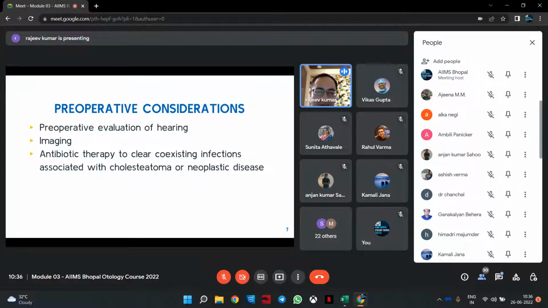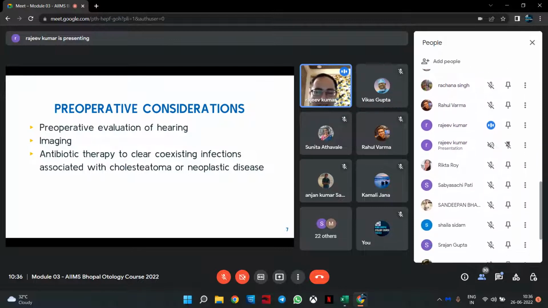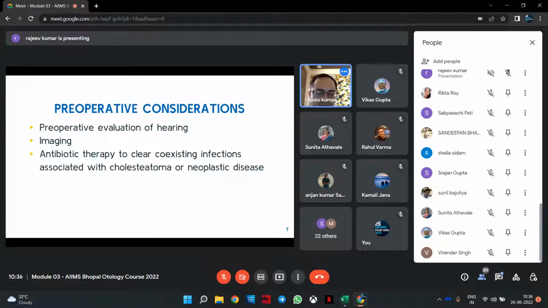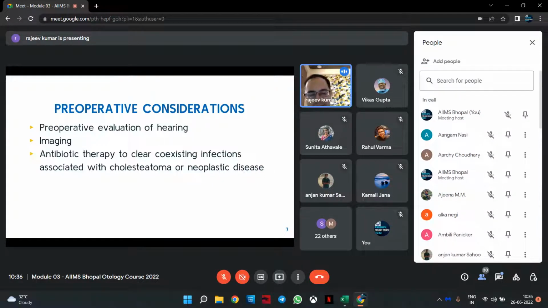So we can see where the disease has gone into the spaces, as ma'am has elaborated all the spaces. And we can plan our surgery accordingly, whether intact canal wall or combined approach tympanoplasty will be suitable for that case or not. Some people would like to give antibiotic therapy so that the coexisting infection will decrease before surgery.